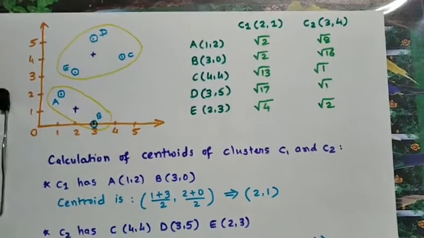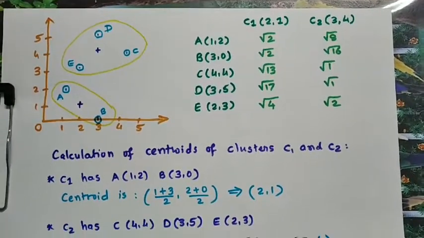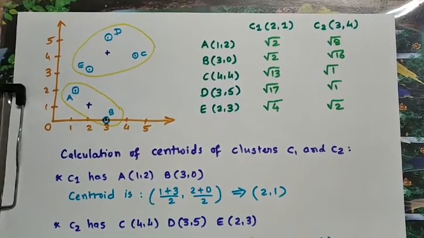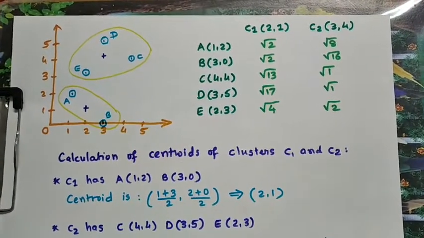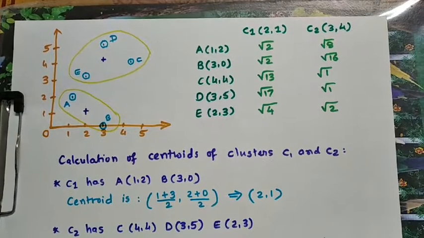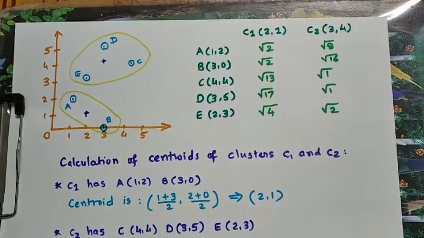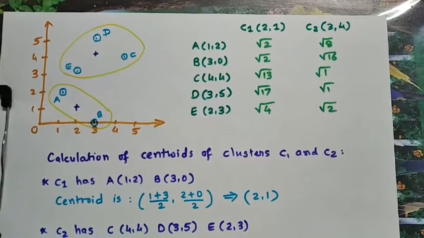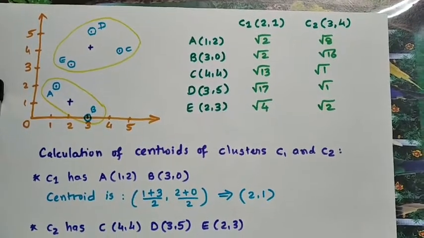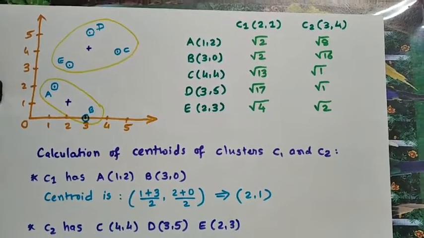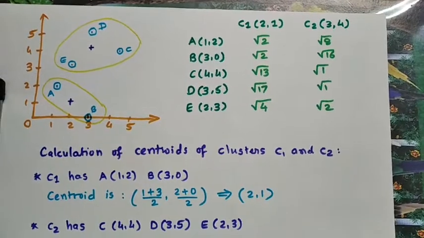Sometimes, if your choice of initial seeds is bad, then you may have to take a certain number of iterations to reach stable clusters. So the K-means algorithm is sensitive to the choice of initial seeds.